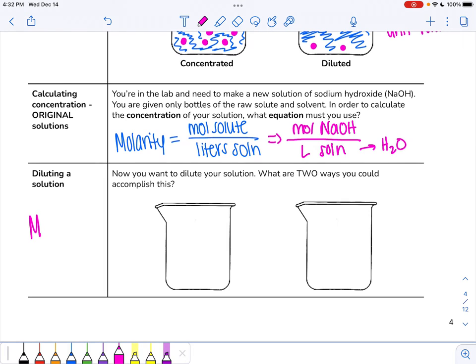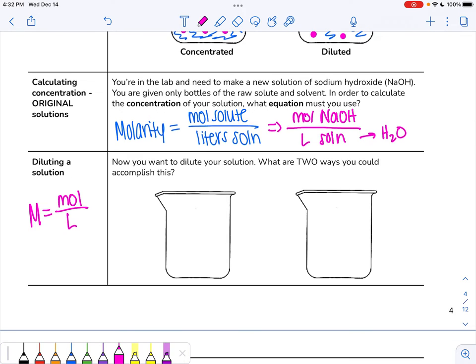Okay. So again, we're thinking about how we want to dilute a solution. So let's look at the equation for molarity one more time. So molarity is equal to moles per liter. So what's one way that I could potentially have a diluted solution? Well, I could just add in less moles to my system, and then I would have less moles per same amount of volume.